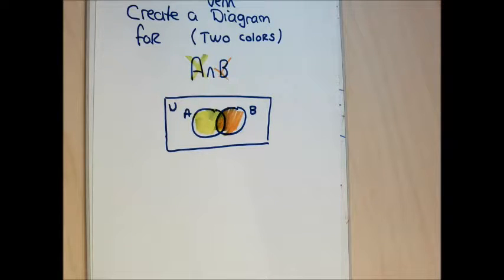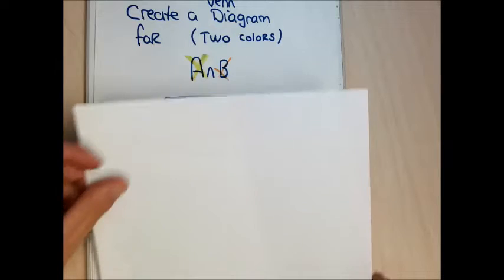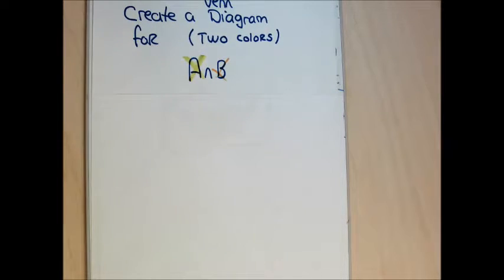So let me try to do A intersection B again with my old school markers. Do I have them even? Not so much. Well, let me try to wing it and see what I can get done.